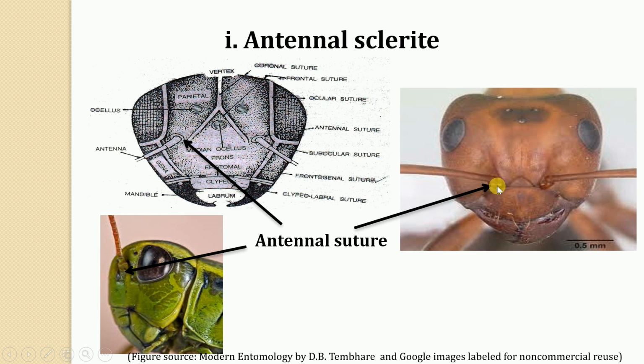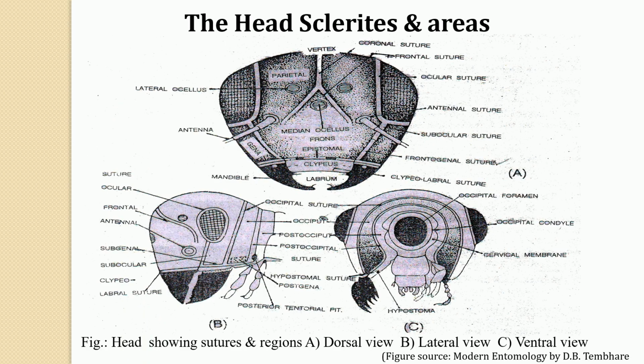Actually the antennal sclerite is composed of the antennal suture including the antennae, meaning the antennae together with the antennal suture form a sclerite known as the antennal sclerite. Now this antennal sclerite is very well developed in insects belonging to the order Plecoptera. So this is about the different kinds of the suture.